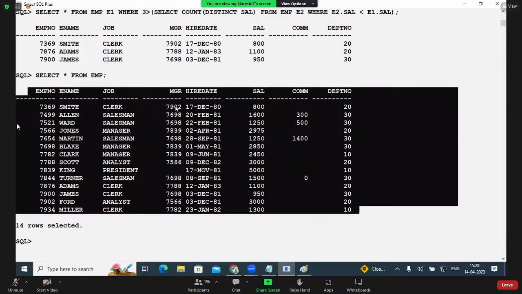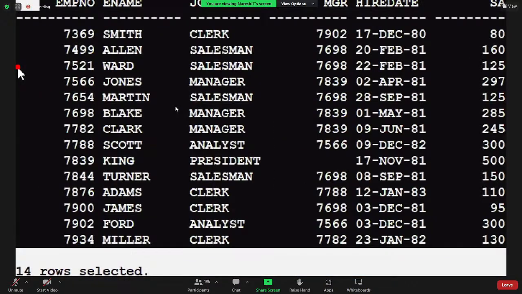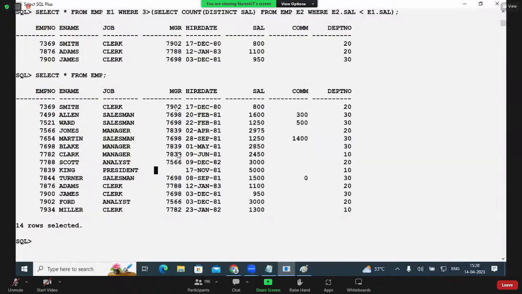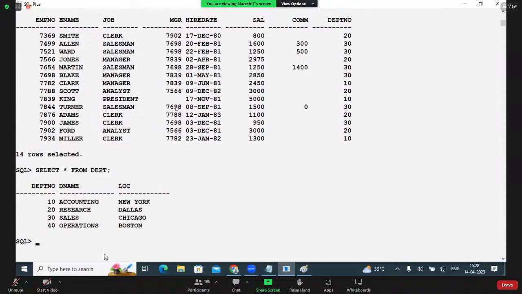But I want to display department data. Department data is in another table, that is DEPT. So the DEPT table has the departments and the EMP table has the employees.